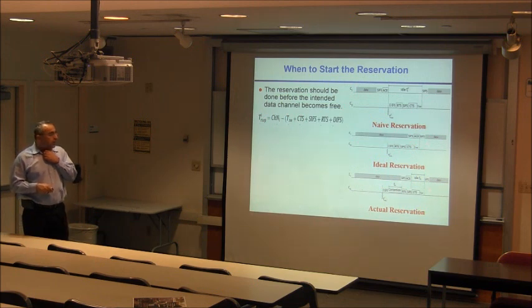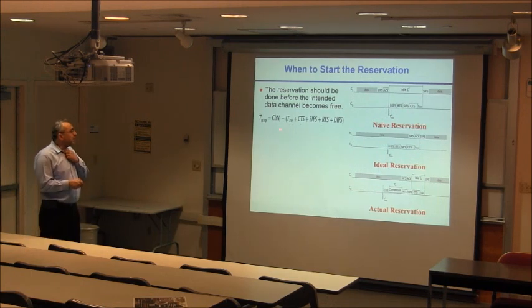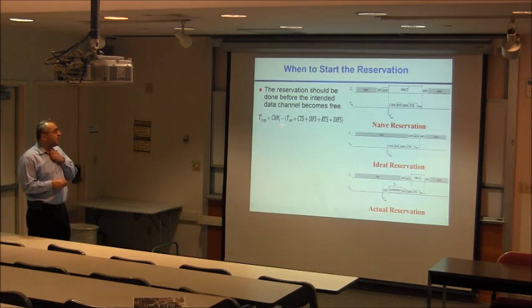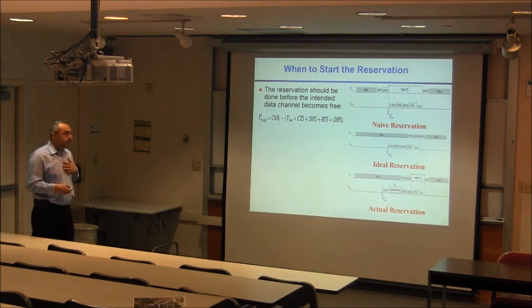Our solution is to start in such a way that this unknown parameter is minimized, so that the idle duration on the data channel is minimized and you achieve the highest throughput. For that reason, we say you start the reservation on the control channel when the channel becomes idle minus the switching time and the full reservation cycle.